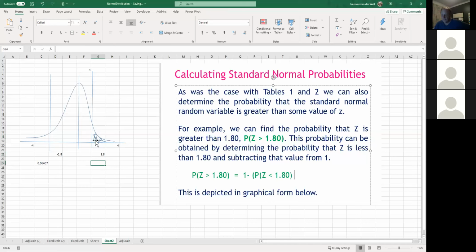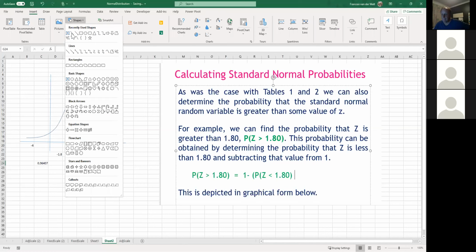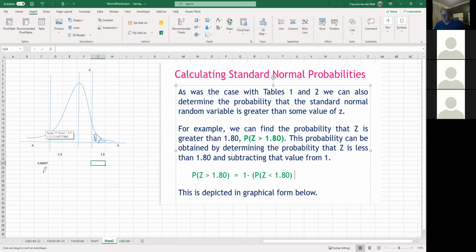So it's all alternative. What is currently given to me is this area here. Let me insert shapes. This 0.964 is actually this area here.